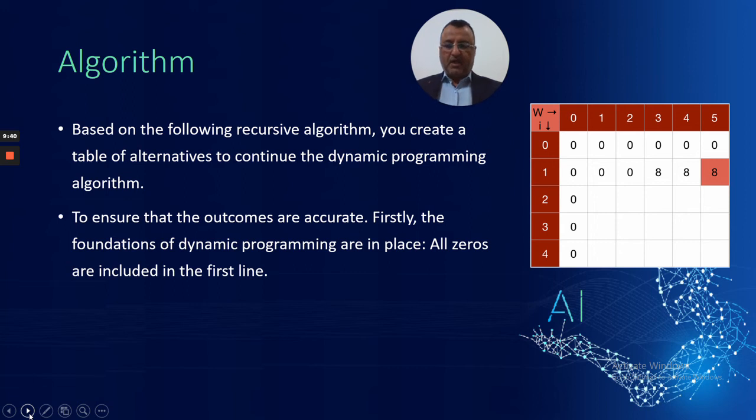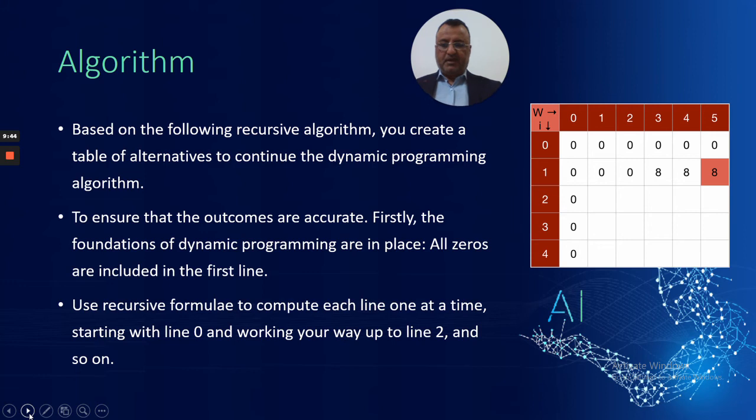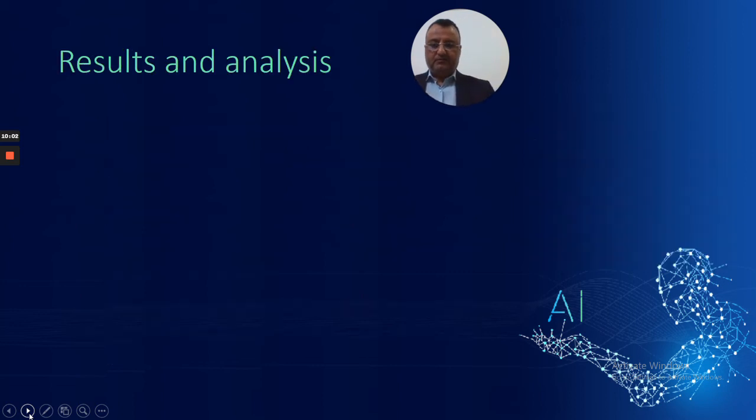All zeros are included in the first line. Use the recursive formula to compute each line one at a time, starting with line 0 and working your way up to line 1, line 2 and so on.